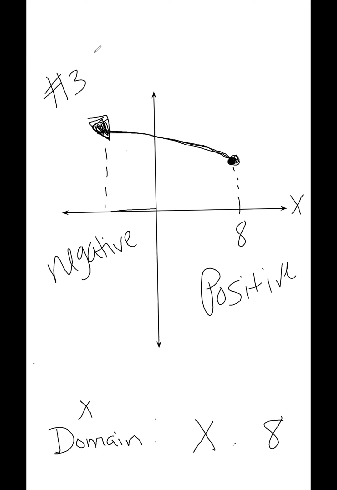So when we have our point and you're going this way along your x-axis, x is getting less than or equal to 8. Remember, alligator eats the bigger number, so x is less than or equal to 8.